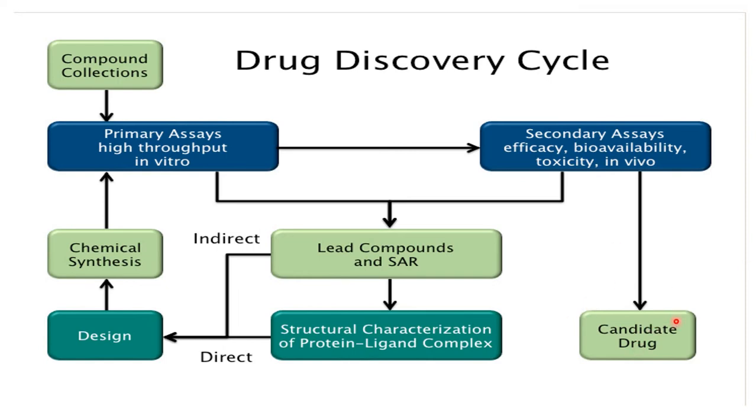So for this, first it undergoes a primary assay, secondary assay, lead compound, structural analysis or structural characterization, then it undergoes the protein ligand complex, then it undergoes a chemical synthesis, design, and further we get this candidate drug. So this way the drug discovery cycle or the schematic cycle is properly drawn.